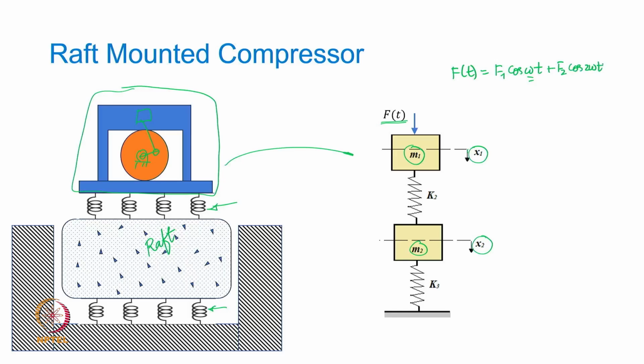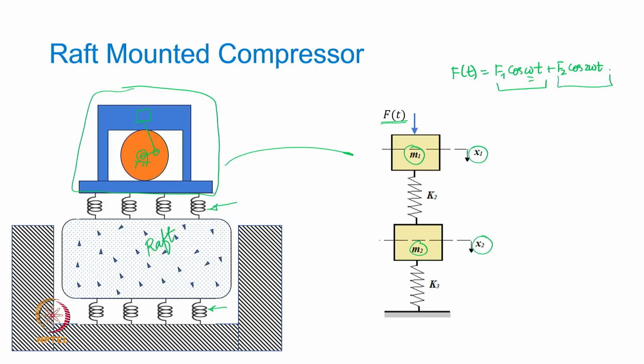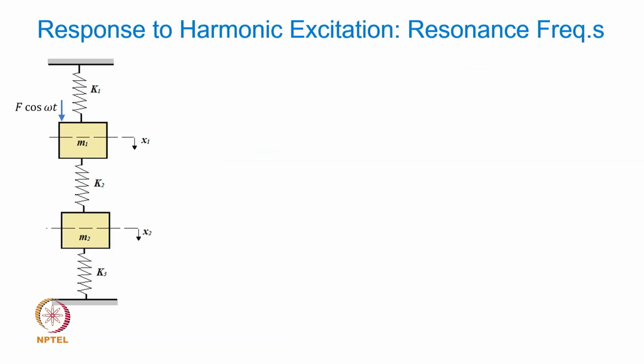Okay, the way we discussed in the single degree of freedom system, this now turns out to be a periodic excitation case. But we all know how to take care of periodic excitation by individually estimating the response to one harmonic function, then individually finding it corresponding to the second harmonic component, and then you simply add them up, assuming linearity in the system. Okay, so let's focus on a harmonic excitation force.